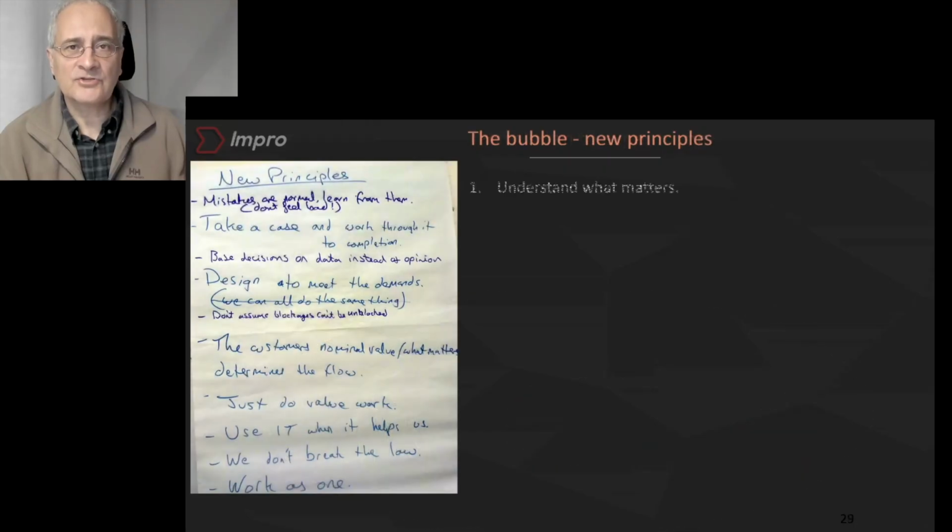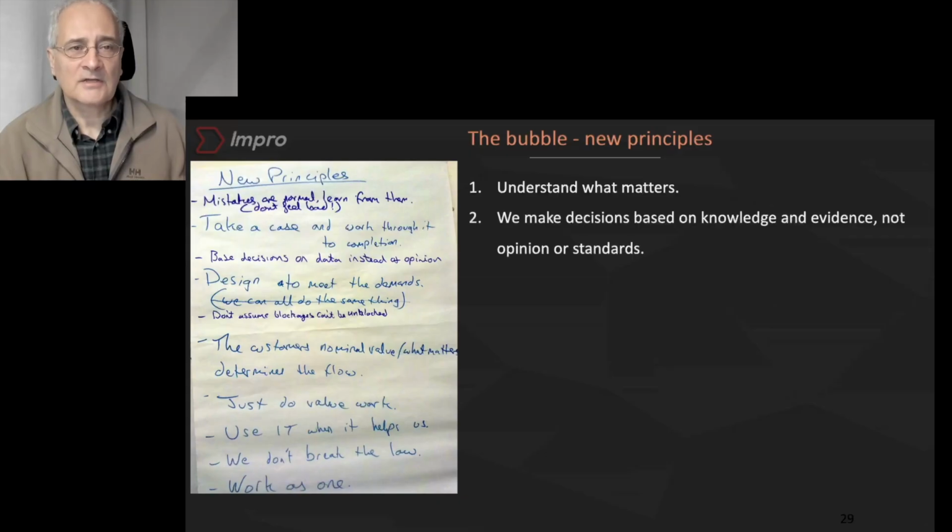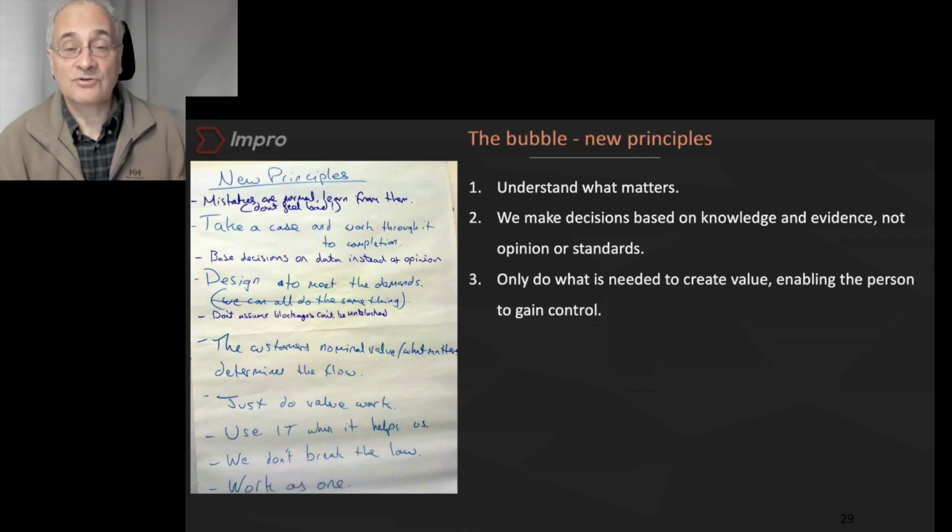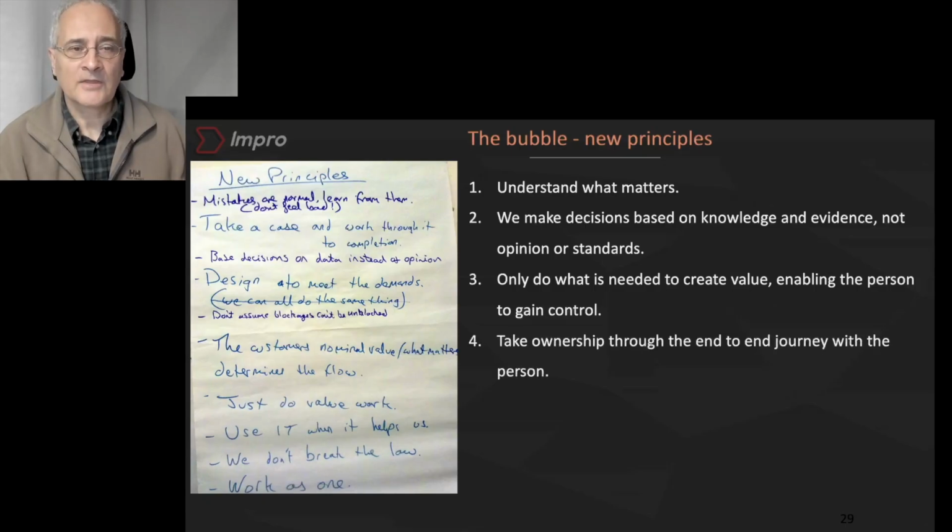So we really had that open ability to liberate the team from the current restraints that they had. And the new set of principles were, we have to understand what matters. When a demand comes into that person, we make decisions based on knowledge and evidence, not opinions or standards. We only do what's needed to create value. Remember the 7 value steps, enabling the person to gain control of their lives. We take ownership through the end-to-end journey with the person.